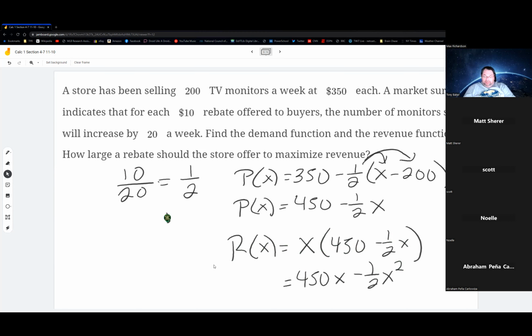So this is the price, and this is the revenue. Now I want to maximize my revenue. So we want to find the derivative of the revenue, and then we can look for the critical numbers.